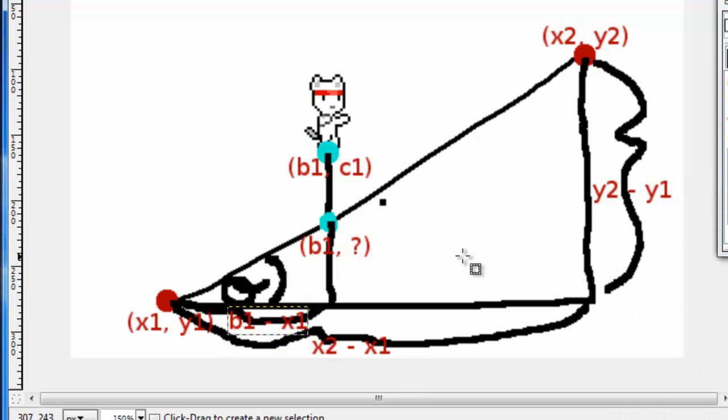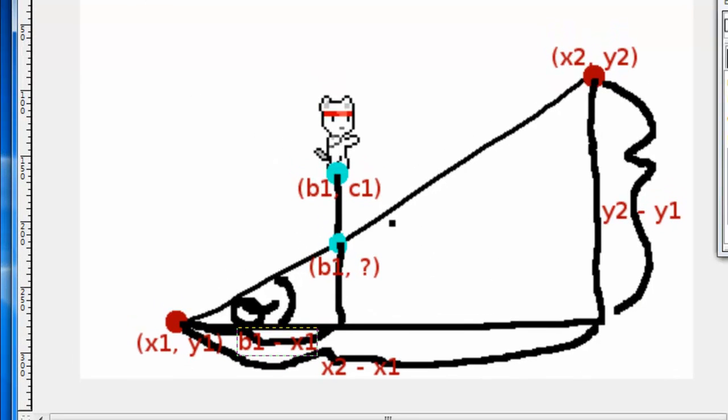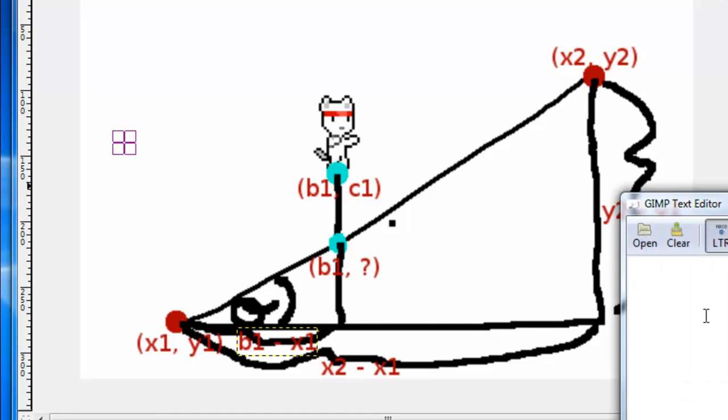So now, using the laws of similar triangles, knowing that the tangent of theta, let's just say this is theta, is equal to what?